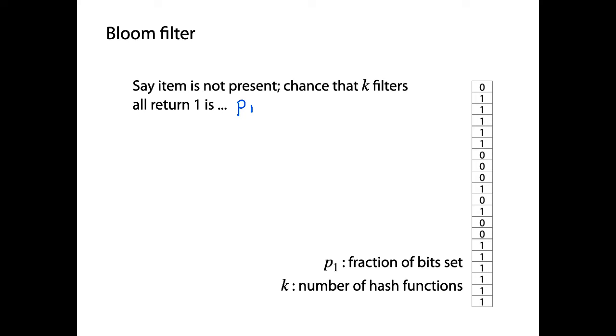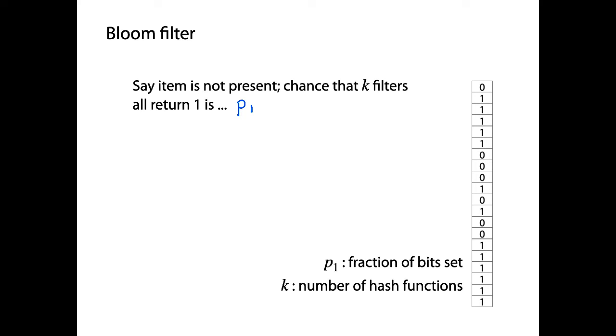Essentially, this hash function is giving us a random place to look in each of the Bloom filters. So the chance that a random probe in a given Bloom filter is going to return 1 is nothing but the fraction of the bits that are set to 1.